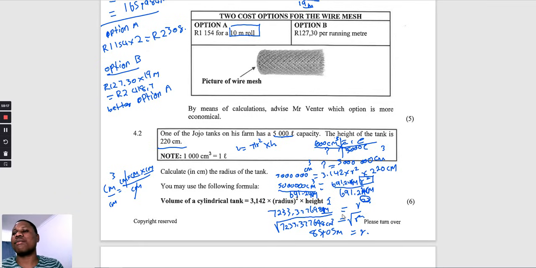If you don't want to remove the square by square root, you can do this. Remember, this is 7,233,377,698 equals radius squared. With the rules of mathematics, any number is divided by 1.